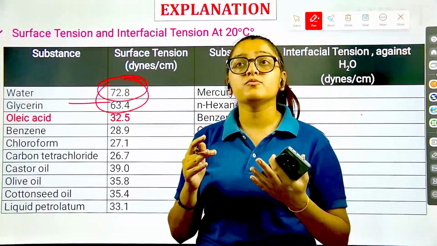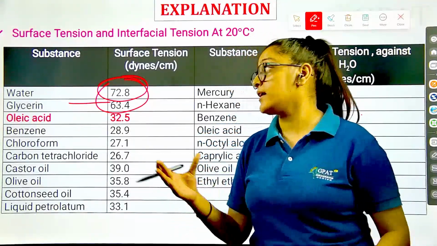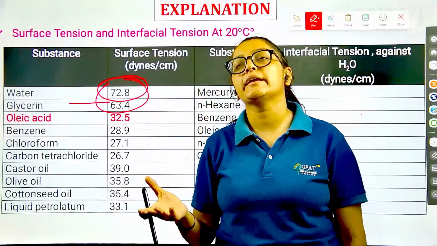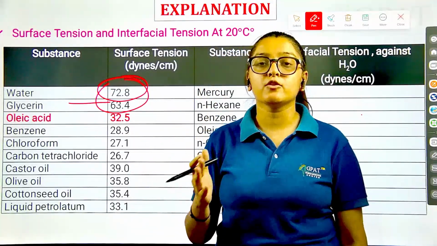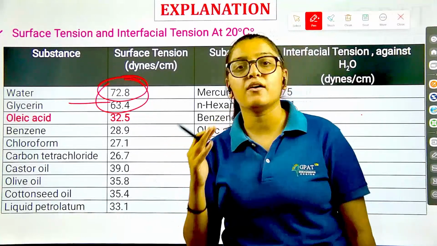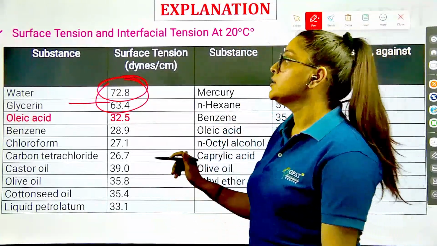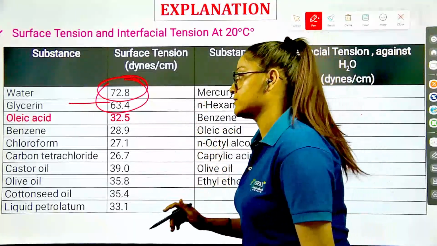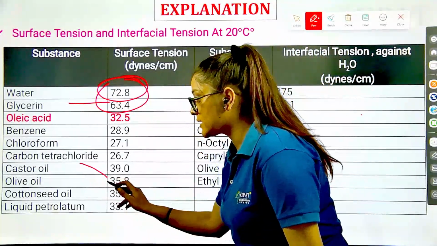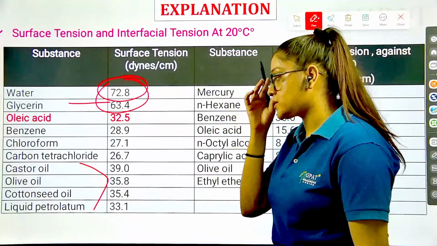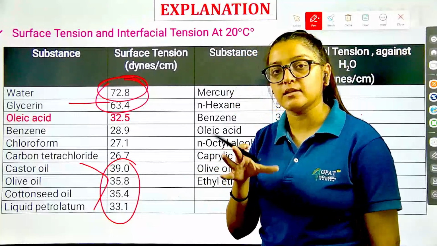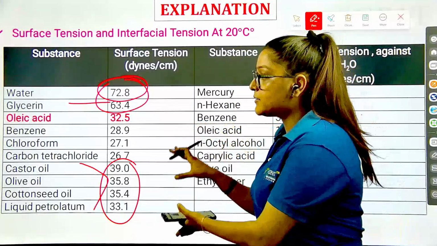Even at this stage I never remember the surface tension of oleic acid. For water it is well known, but for the other compounds you have to do that rote learning only. So let's fix what can be grouped together. These oils, in this classification you can see, are in the range of around 30, 33, 35 only, so you can club these.